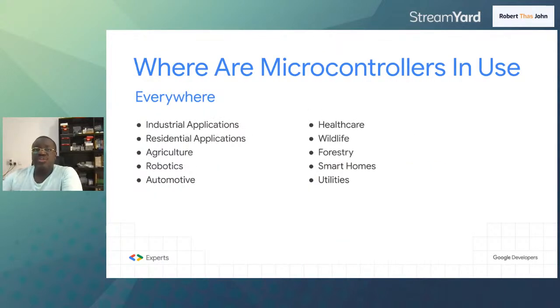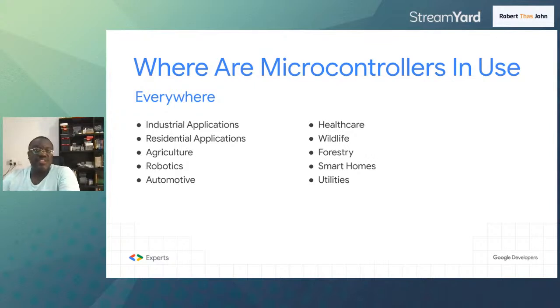So, where are microcontrollers in use? Interestingly, they're actually in use everywhere. If you have any smart devices that are not general purpose computers, they tend to contain microcontrollers in them, even when you don't realize it. So we have microcontrollers in industrial applications, in residential applications, agriculture, robotics. Most people are familiar with robotics.